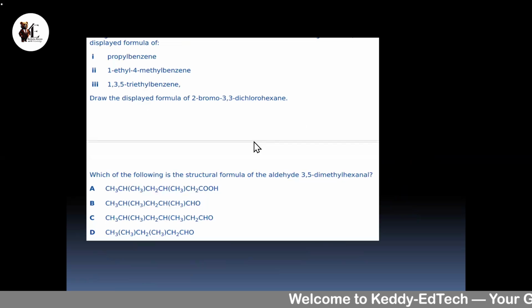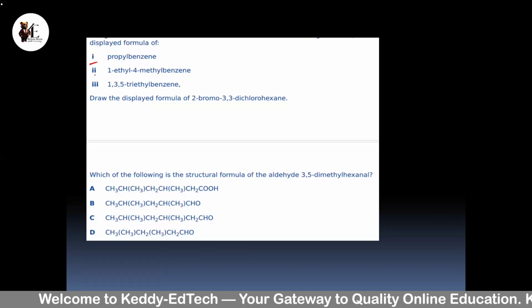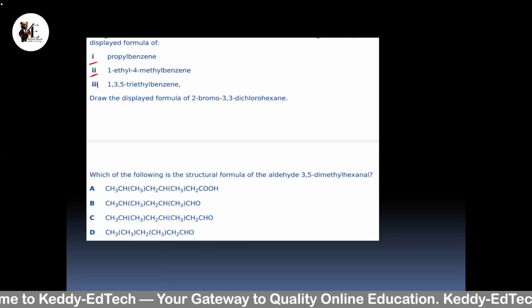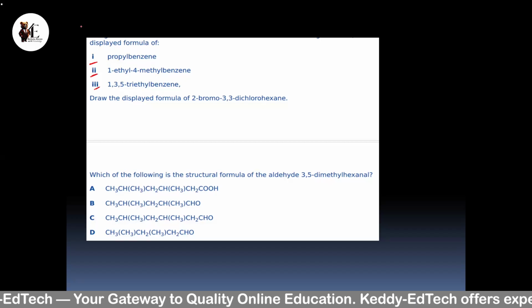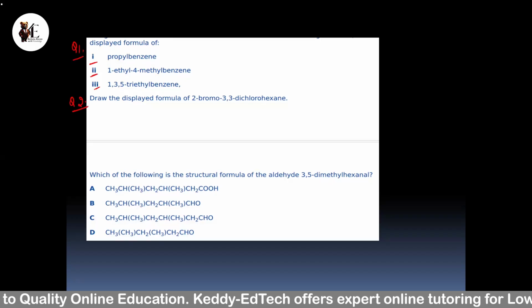Okay. So for today, this is your homework question. You have to write down the displayed formula of propyl benzene, 1-ethyl 4-methyl benzene, and 1,3,5-triethyl benzene. Question number 2 is: draw the displayed formula of bromo 3,3-dichlorohexane.